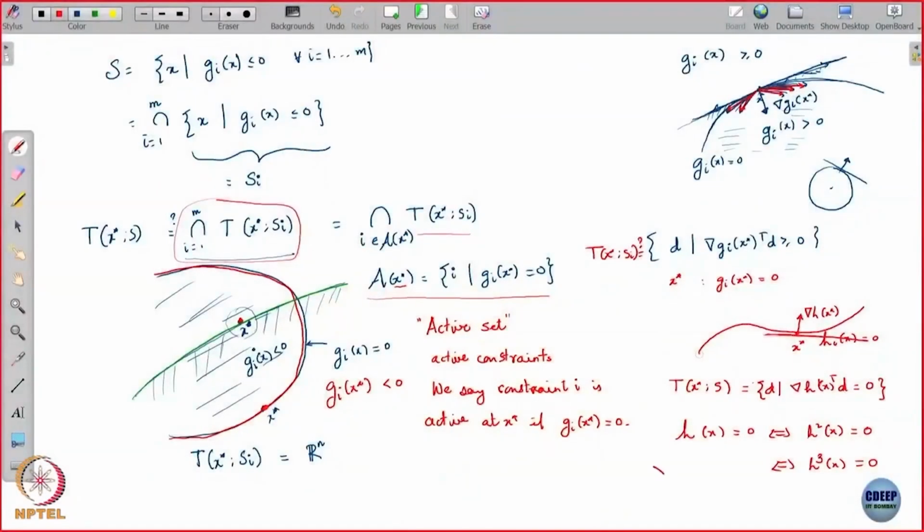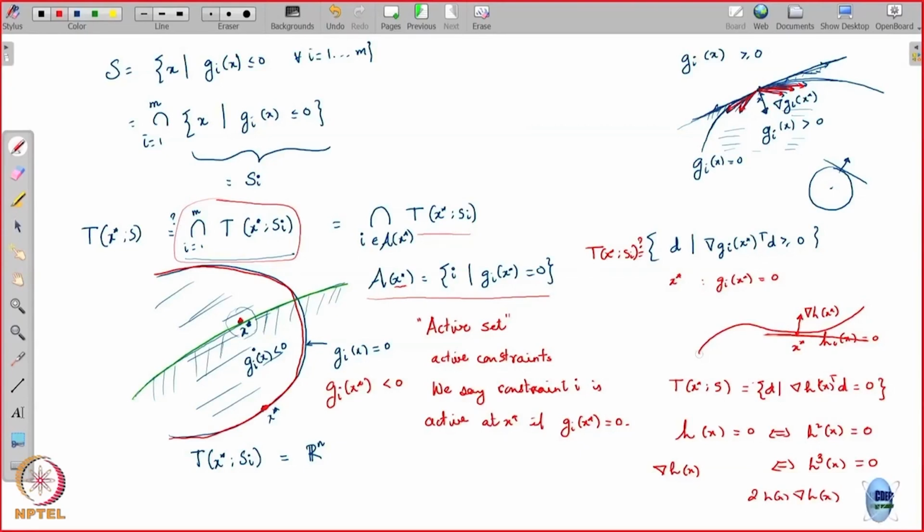But what is the problem that this creates? If I look at the gradient of h of x for the same set, I apply this particular formula. On the one hand, I will get gradient of h. On the other hand, I will get 2 h of x times gradient of h, and what is h of x at that point?